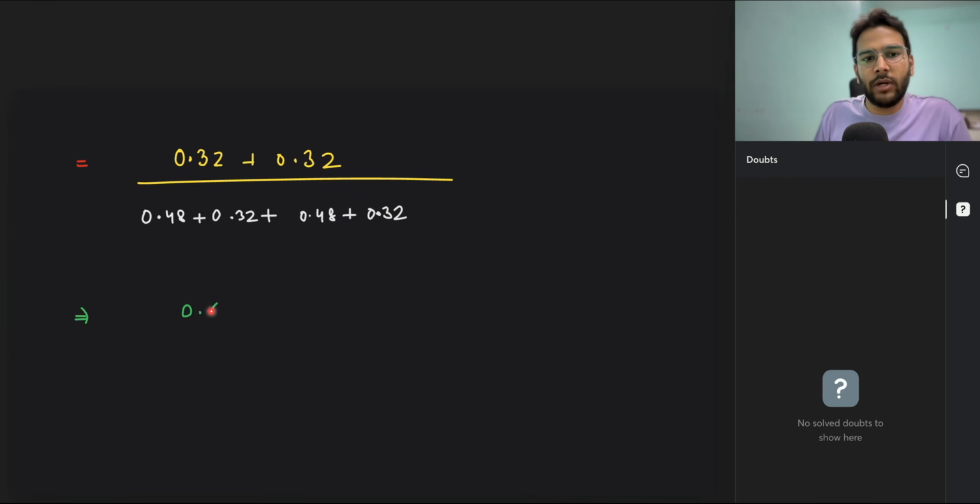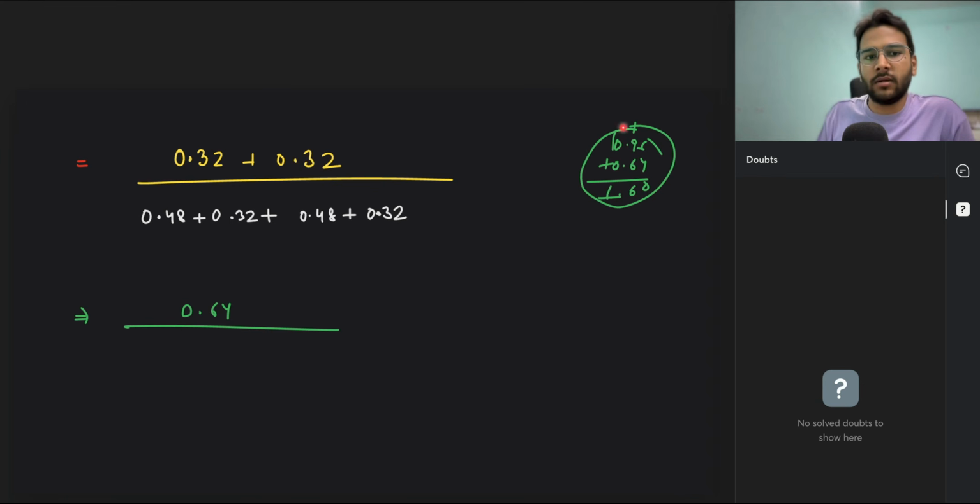So this is nothing but 0.64 divided by, what is the denominator? 0.64 plus 0.96. 1.6, right? 1.6. So what will be this value, everyone? It should be 4 only, right? Yeah, I mean 0.4. Yeah, 0.4.